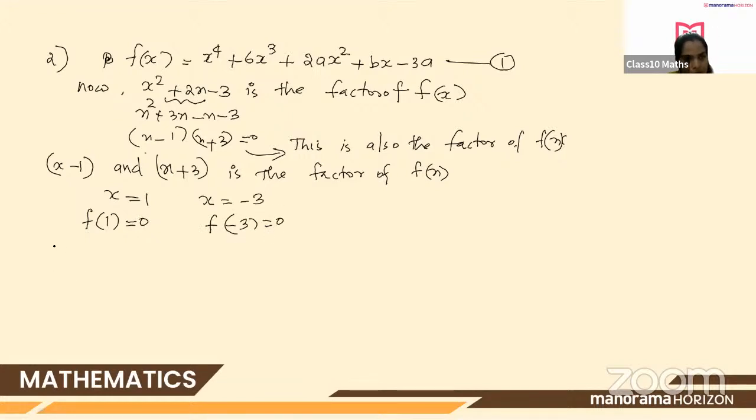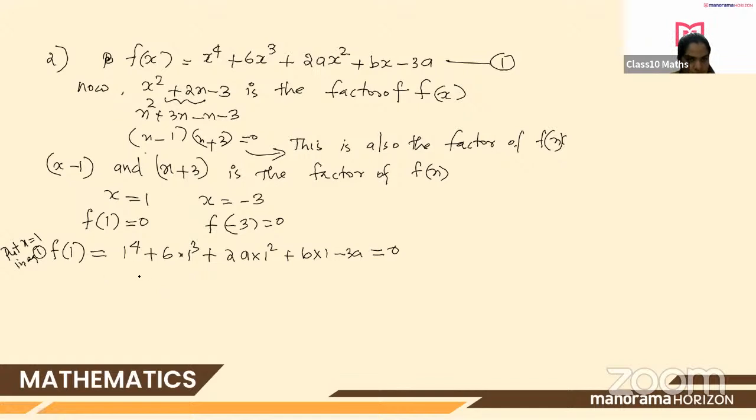So first we have to find f of 1. Put x is equal to 1 in equation 1. So 1 raised to 4 plus 6 into 1 cube plus 2a into 1 square plus b into 1 minus 3a is equal to 0.